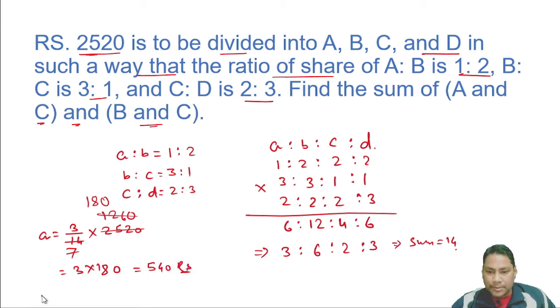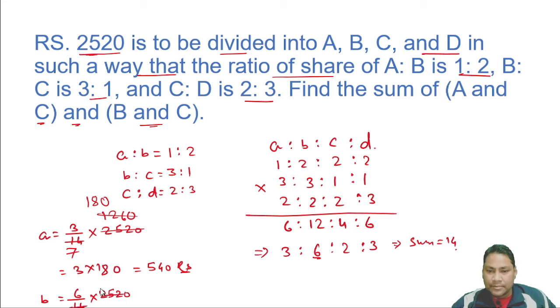Now the share of B will become 6 divided by the sum of the numbers, that is 14, multiplied by 2520.